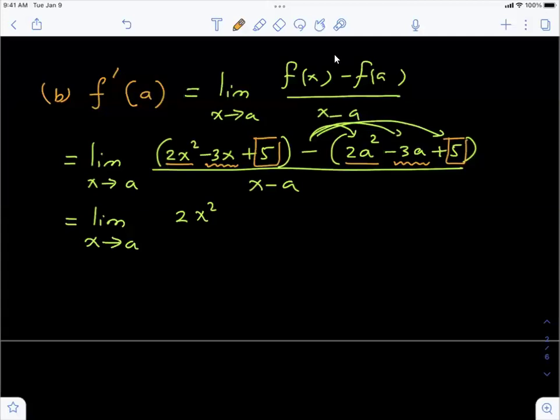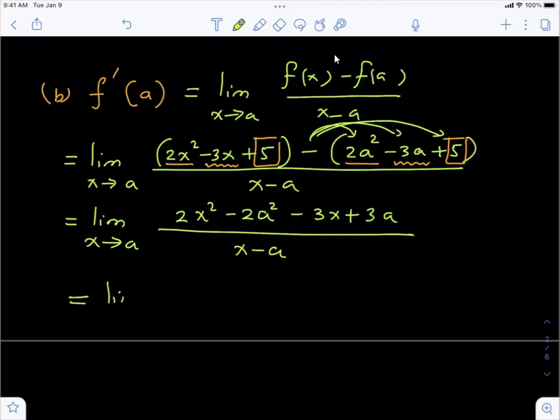So we are going to just gather them accordingly. 2x squared minus 2a squared, and then minus 3x right here, and then the minus sign here together with this minus sign, that would be plus 3a, and then you have plus 5, and then with the minus sign you're going to get minus 5 right there. So it will cancel completely. The whole thing is divided by x minus a.